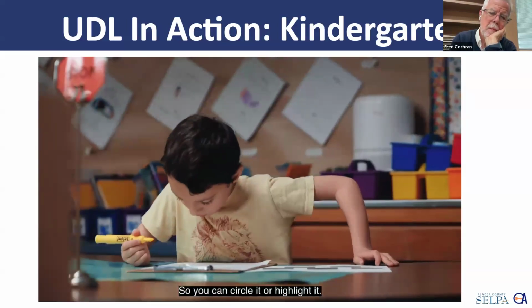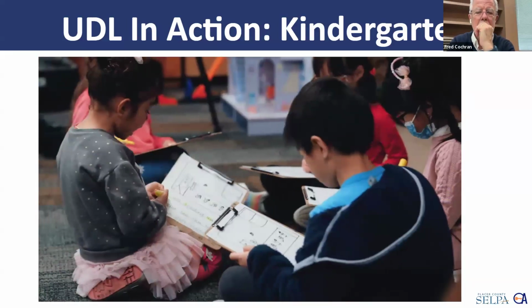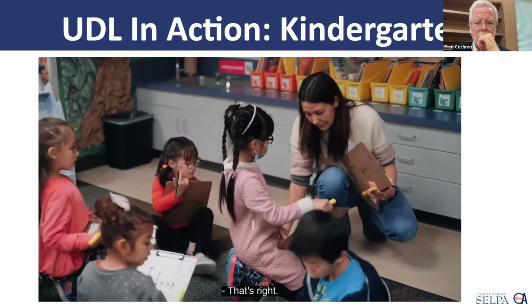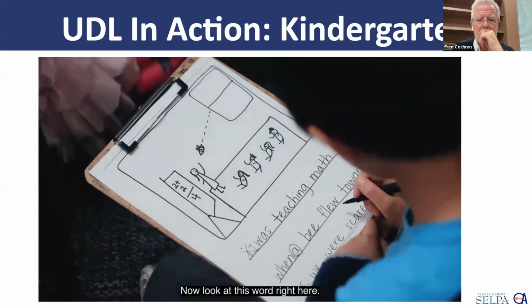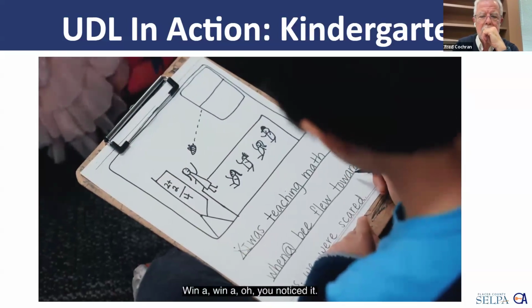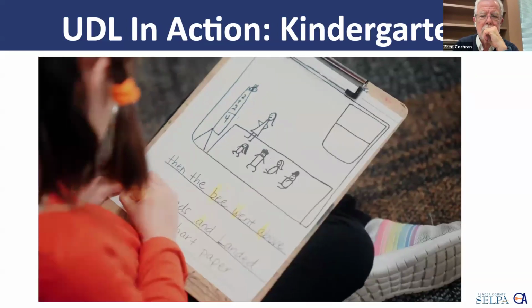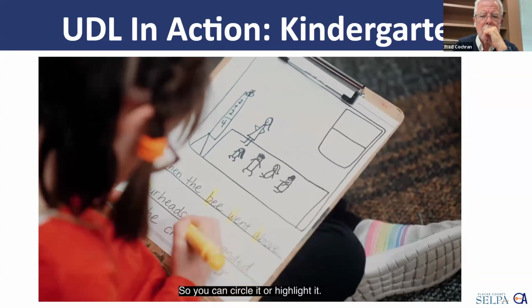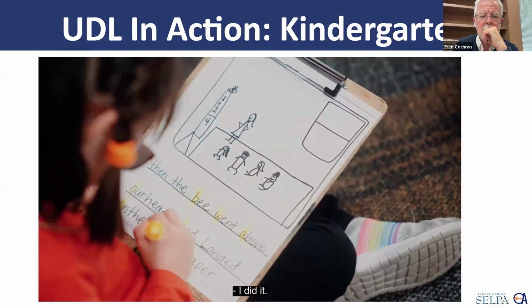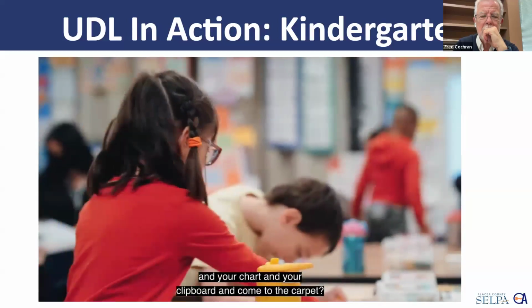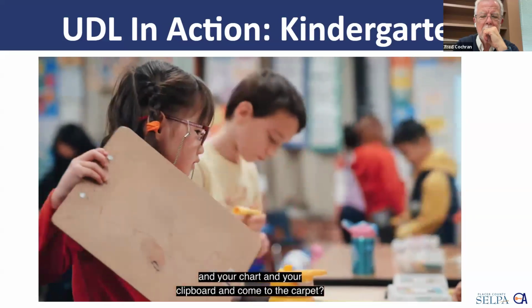So you can circle it or highlight it. Good job. Very good. That way you know what to write next. That's right. Now look at this word right here. Win a. You noticed it. So you can circle it or highlight it. Good job. I did it. Can you stand up with your paper and your chart and your clipboard and come to the carpet?